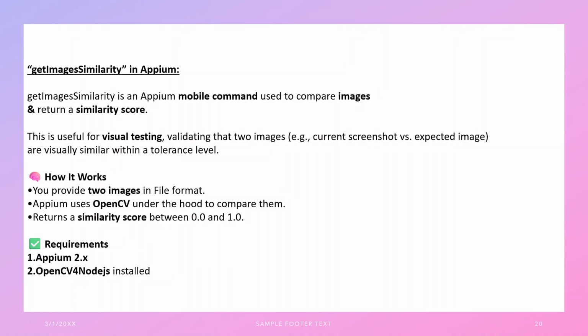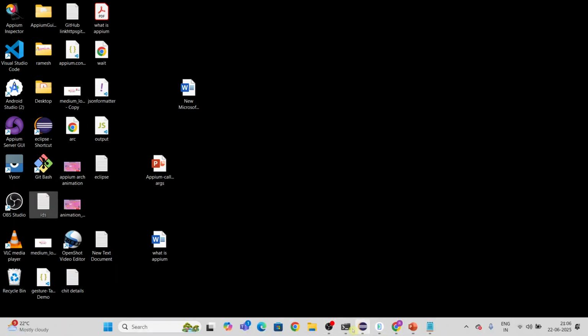So how exactly does it work? You have to provide two images in file format, and Appium uses OpenCV under the hood to compare them and returns a similarity score between 0.0 and 1.0. To work with the getImageSimilarity method, we should have prerequisites: OpenCV for Node.js and the Appium images plugin should be installed.